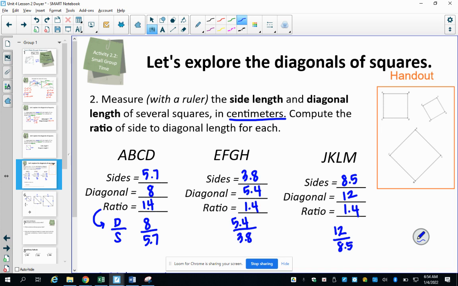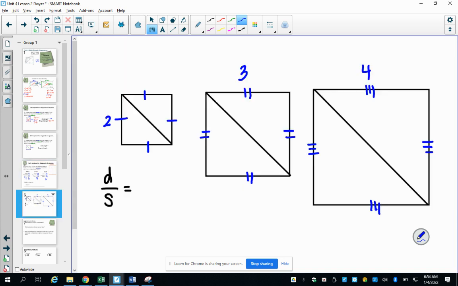Then those of you at home, when you did yours, after calculating with Pythagorean theorem, would have gotten this diagonal to be 2.8. So 2.8 divided by 2, you'd have gotten 1.4.